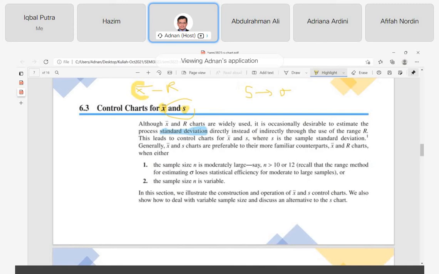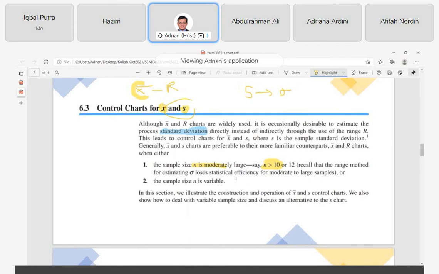So why do we use S? This is because we want better accuracy, as the S chart is more accurate. In order to use the S chart, n must be moderately large, greater than 10, meaning the sample size we take should be greater than 10.